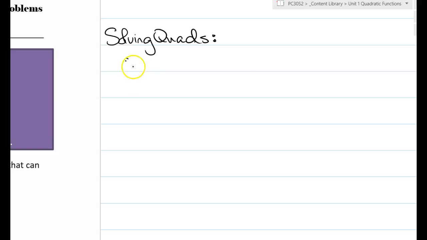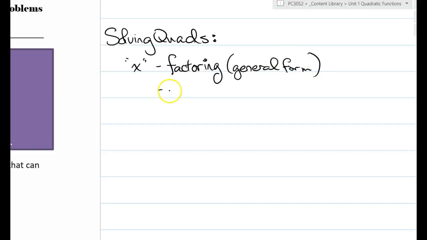Solving for x can involve factoring. It can involve using the square root if we're dealing with vertex form.